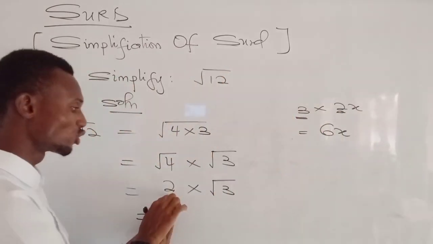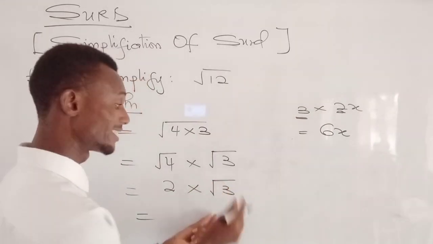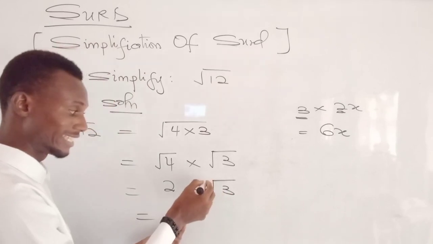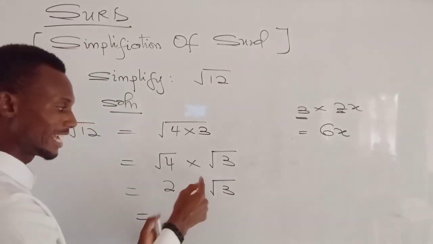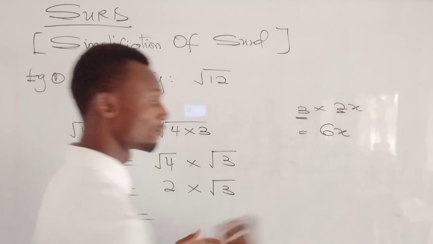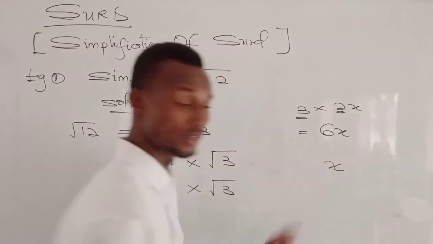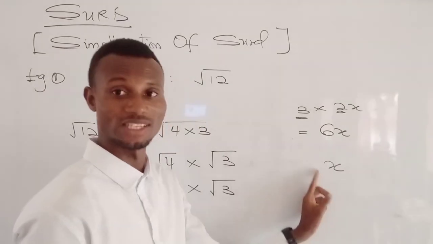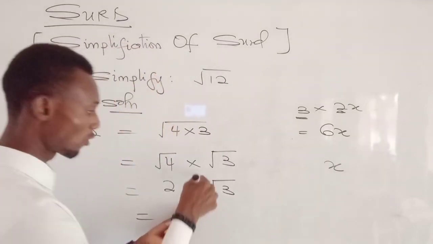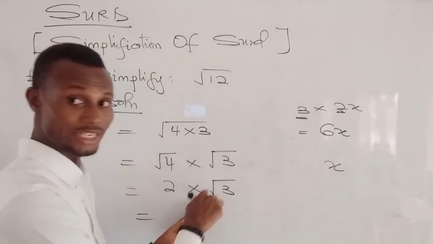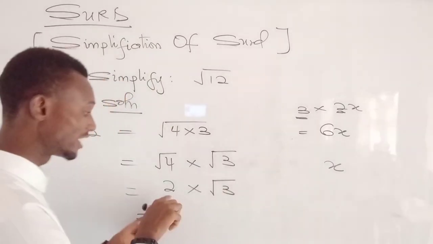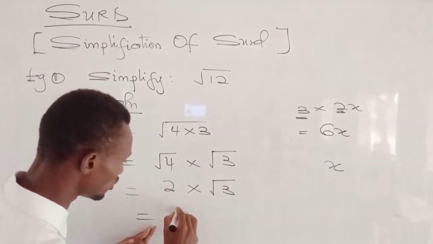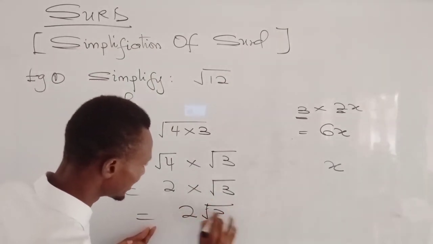Hope you remember, if I write only s on the board, the coefficient is 1 if there's no specified number there. So the coefficient of root 3 is also 1. The 2 will multiply that coefficient, which is 1, so it's going to be 2 root 3.